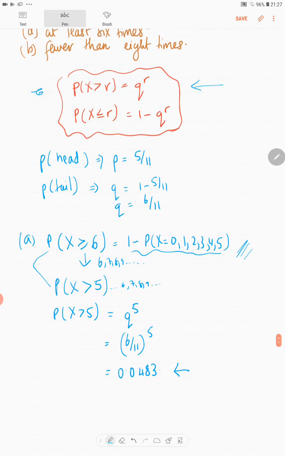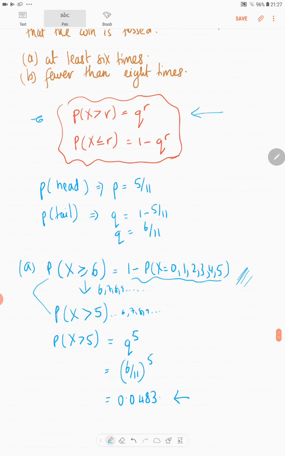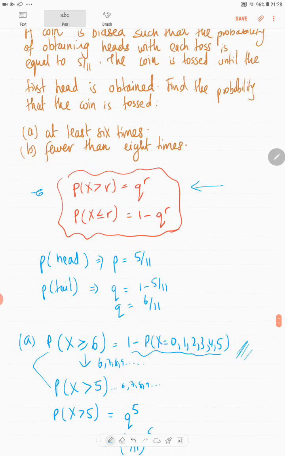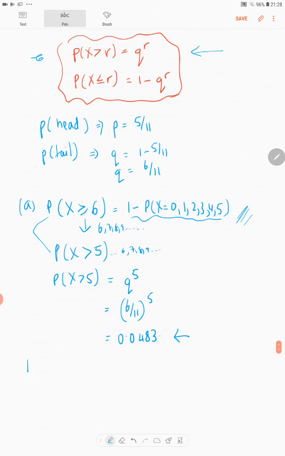In part B, we have to find the probability that the coin is tossed fewer than 8 times. So we will obtain our first head in less than 8 tosses. So we have to calculate the probability that X is less than 8.